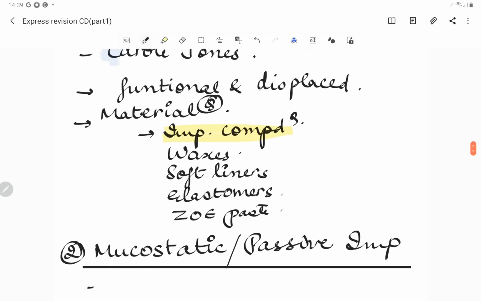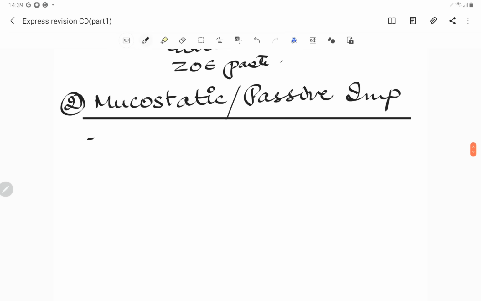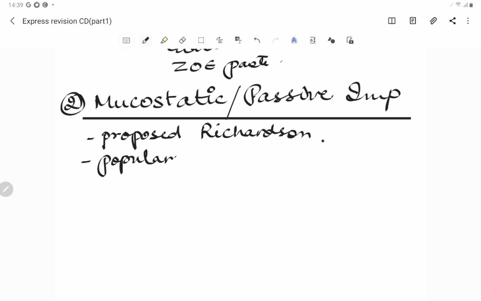And it was first proposed by Richardson and popularized by Henry Page. So you can remember it, P for passive and P for Page.